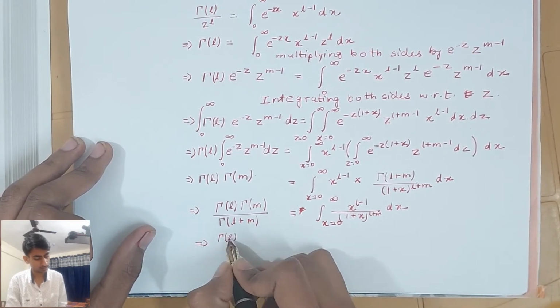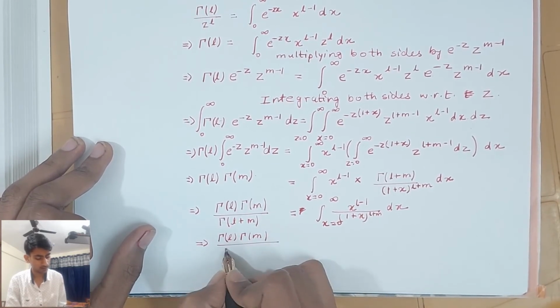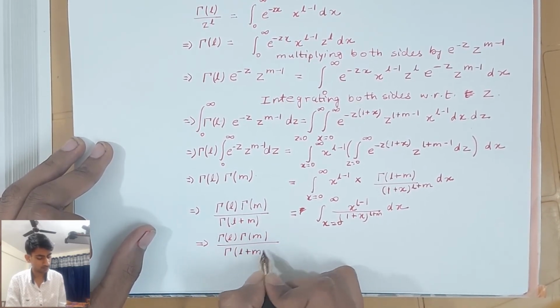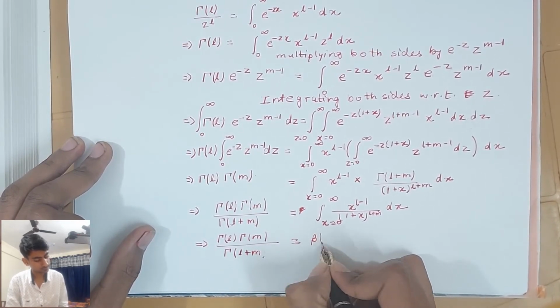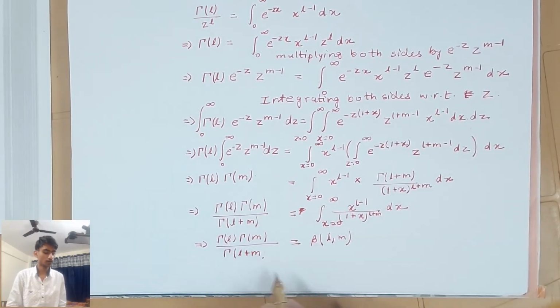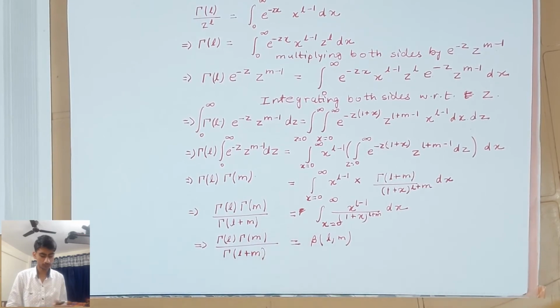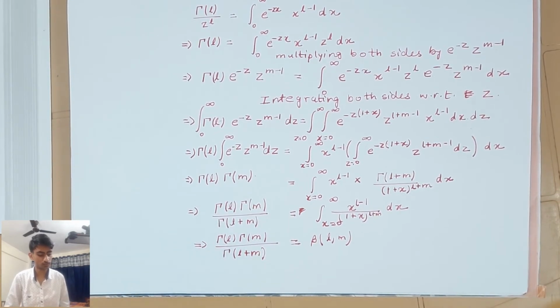And we can see that gamma of L, gamma of m divided by gamma of L plus m is equal to beta of L comma m. And this equation also follows symmetry. Since gamma of L and m are in multiplication, we can always replace L and m and the results won't change. And in the denominator it is in summation, so we can also change in the denominator. So symmetry also follows in this part as well.